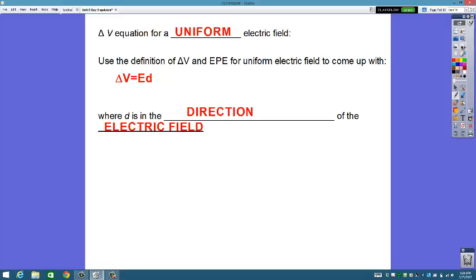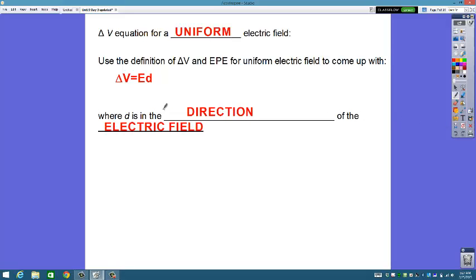Another equation we get for potential difference, this is when we're talking about a uniform electric field, like from something such as a dipole, where you have an equal amount of positive and negative charges on the two sides. You end up getting the equation that your potential difference, this delta V, is equal to ED.